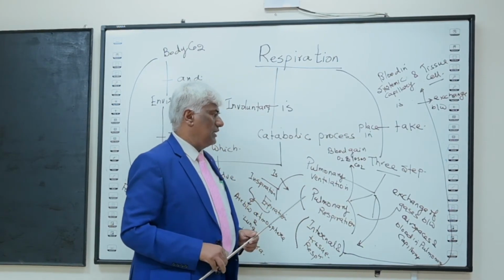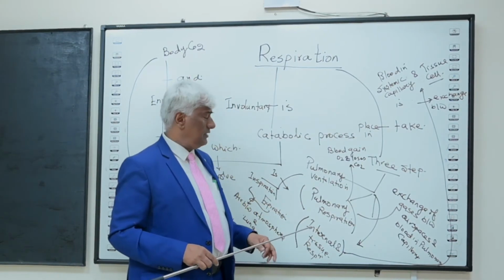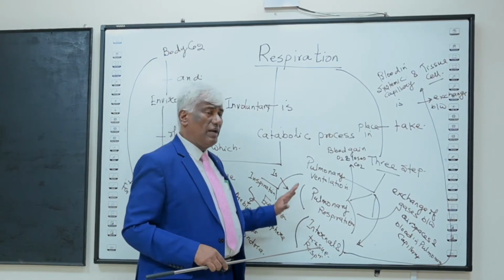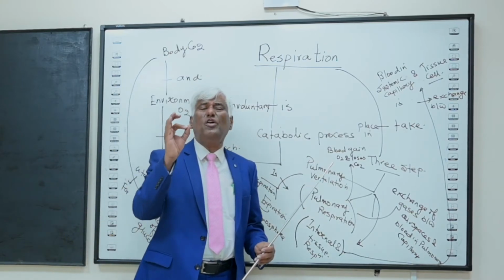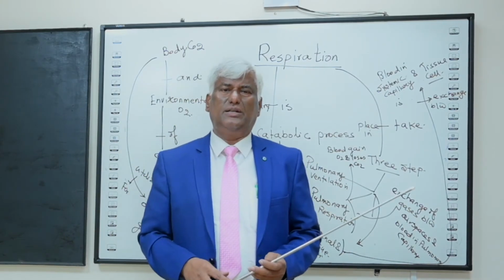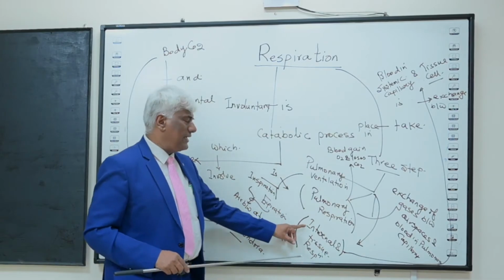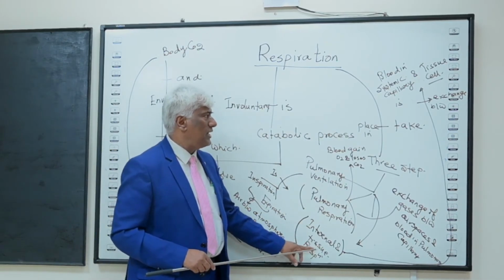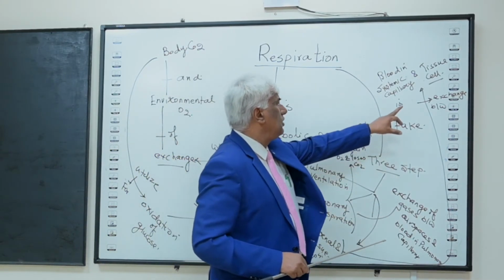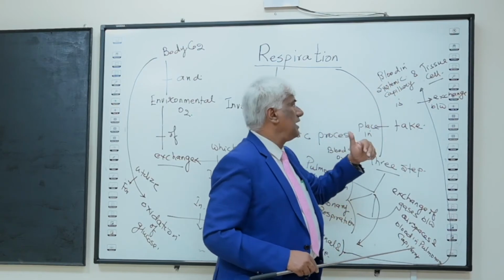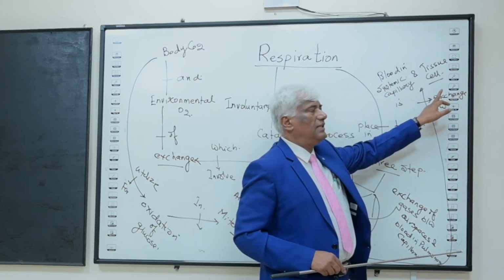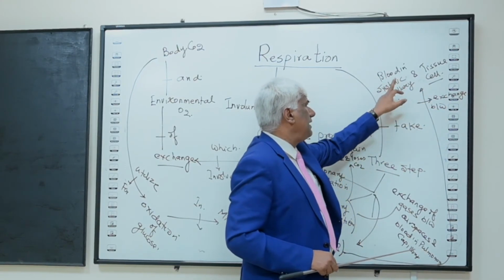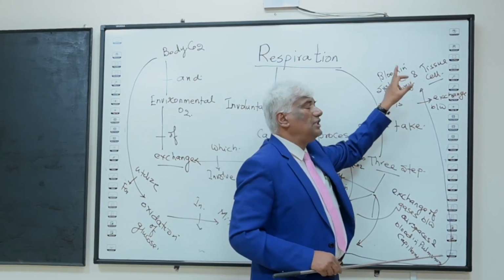Now the next I would like to tell you, which is very important, is internal and tissue respiration. What exactly is the meaning of internal and tissue respiration? It is the exchange of gases between blood in systemic capillaries and tissue cells.